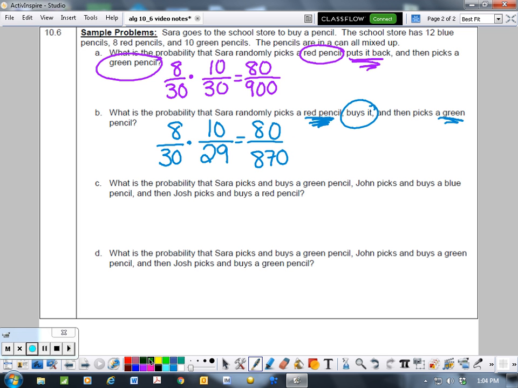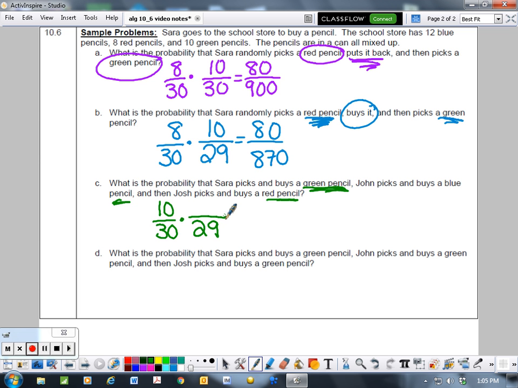Okay, for our next one, what is the probability Sarah picks and buys a green pencil, then John picks and buys a blue pencil, and then Josh picks and buys a red pencil? So let's see, a green pencil, we've got 10 out of 30 pencils. Now she keeps it because she's buying it. Normally you don't buy it and then put it back. You buy it and you keep your pencil. So now John's going to pick a blue pencil, so now there's only 29.